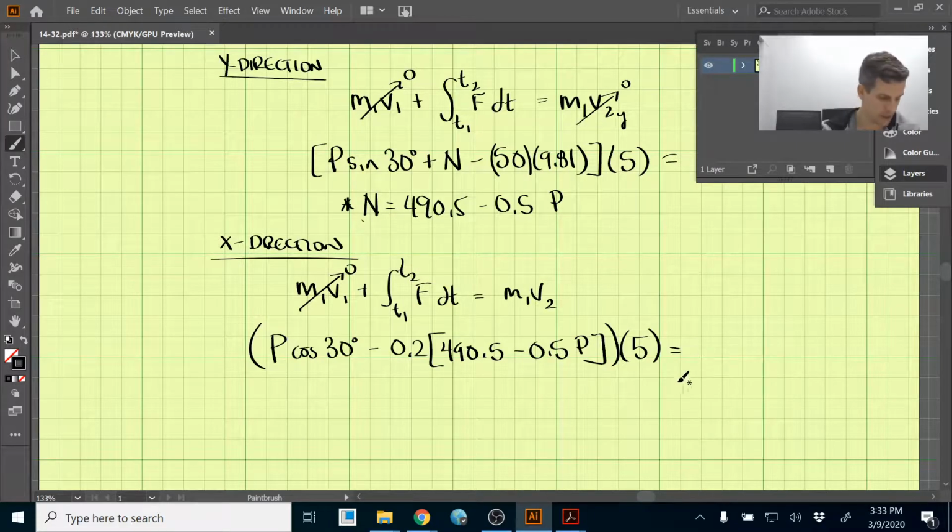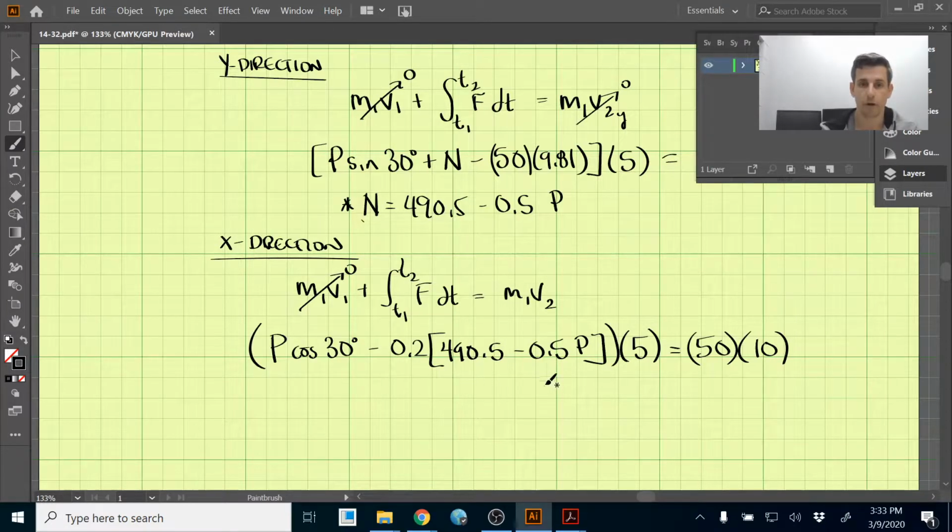And that is going to be equal to our mass times our velocity at 2. Our mass is 50 kilograms, and our velocity, which is given in the problem after 5 seconds, is 10 meters per second.